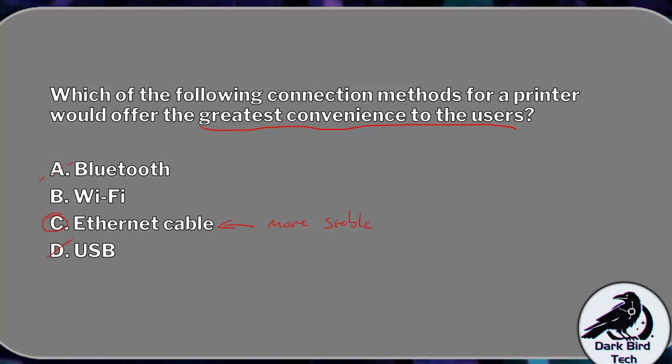So for a workplace, I'd favor giving the printer an Ethernet cable. Wi-Fi, don't get me wrong, it's convenient, but that's for mobile devices like laptops, phones, and tablets. I don't know about you, but I don't see users carrying printers around with them. If I can get the printer directly on the network cable, get an IP address, and do whatever setup I need to do on the client so that they can access that Ethernet now network connected printer, that's going to probably be the most straightforward and simple.